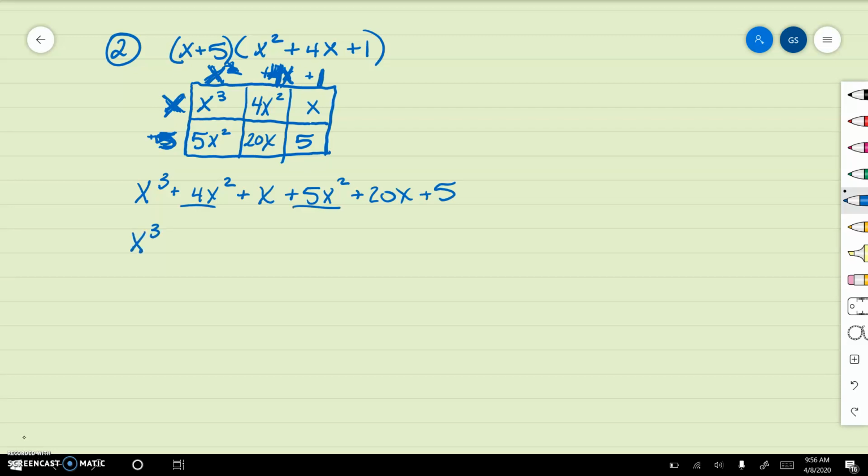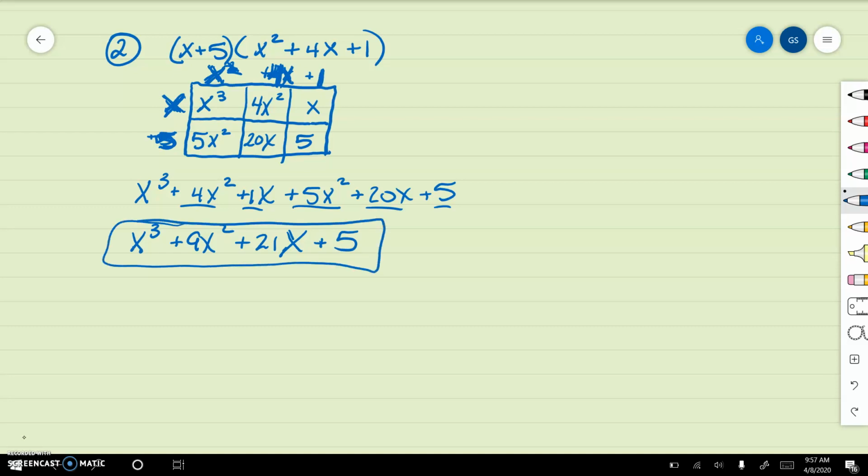We combine like terms, 4x squared and 5x squared, which is 9x squared. x and 20x, well, that's really 1x and 20x, which is 21x. And then we have a last term of 5, which is your constant, and there's no other constant number that's alone. We box it, and that's what I'm doing for today.